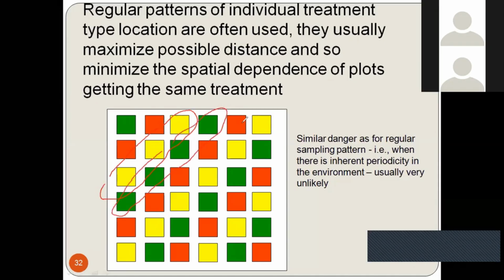You see, there's a pattern, isn't there? Here you have yellow color, one treatment, then the next treatment, then the next treatment. Can you see? Then the next treatment. So some pattern is going on. So this is not properly randomized. This is not a good way to arrange the treatments. Why? Because there's a pattern.